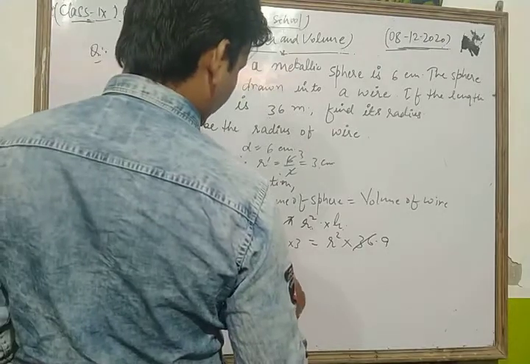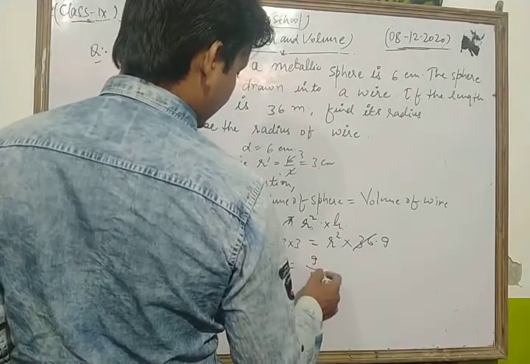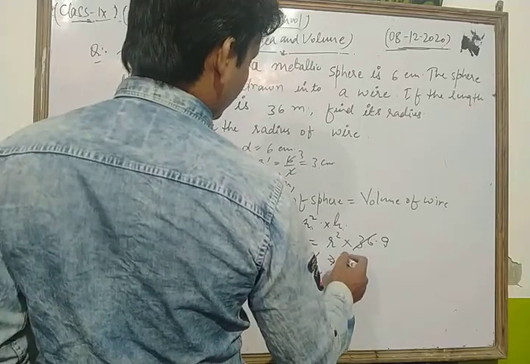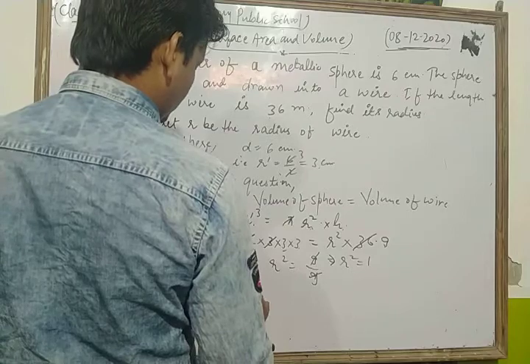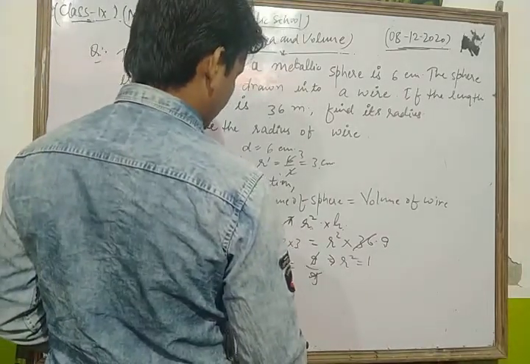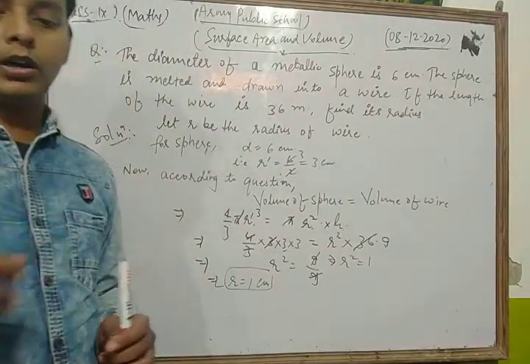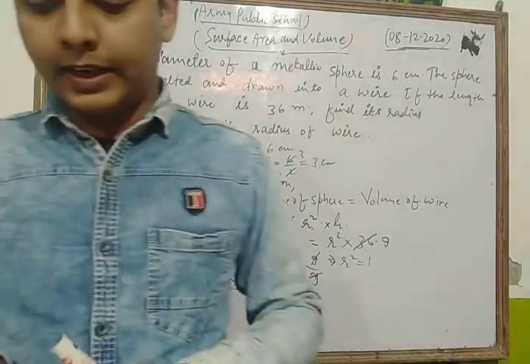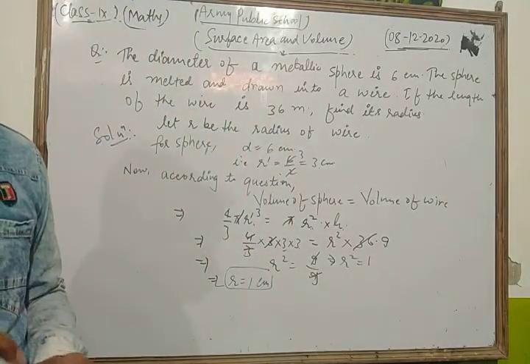So the value of r square is equal to 3 threes are 9 divided by 9, which cancel, so we get r square is equal to 1. That is r is equal to 1 centimeter. In this way, the radius of the wire is 1 centimeter.